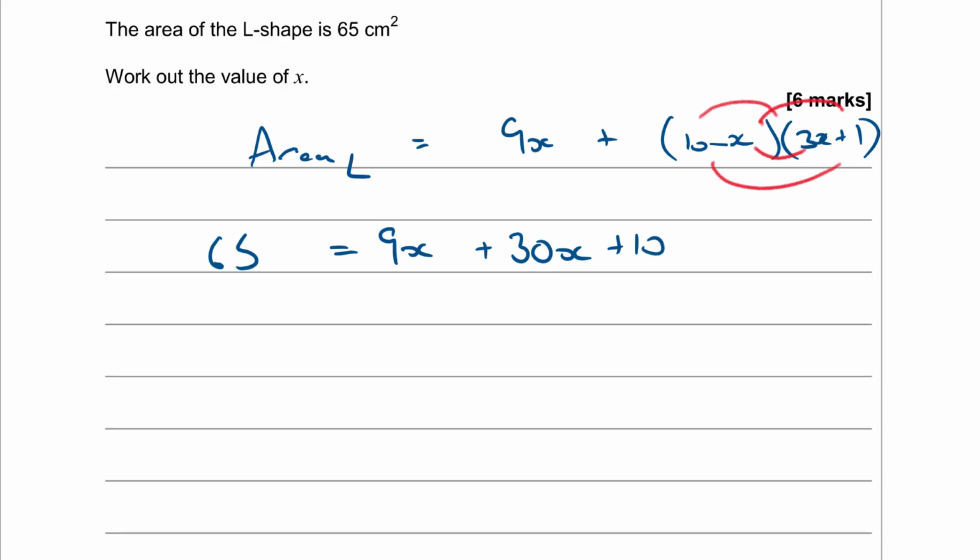I've got minus x times 3x, which is minus 3x squared, and minus x times 1, which is minus x. Collecting like terms on the right, I've got 30x plus 9x take away x, which is 38x, my minus 3x squared, and plus 10.